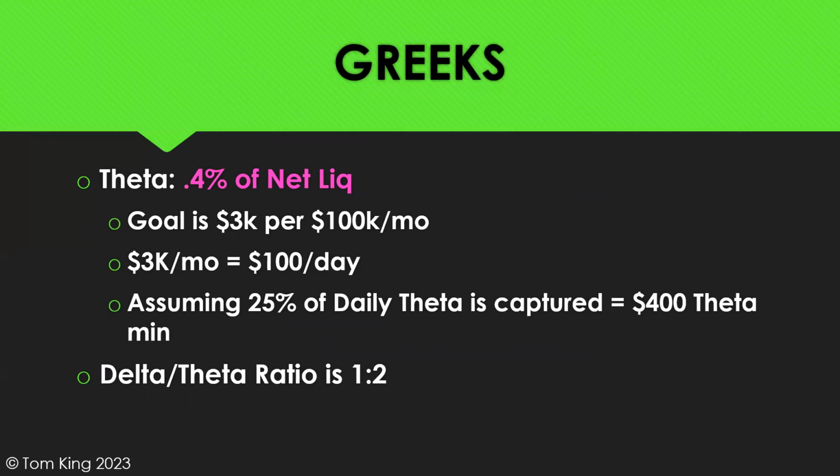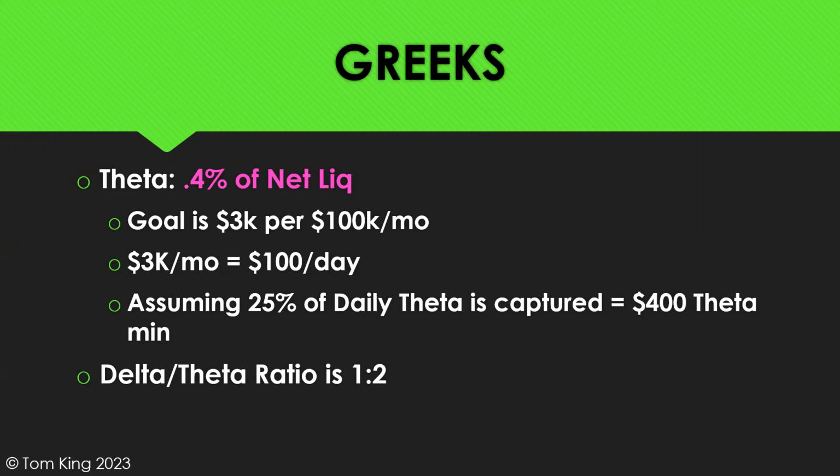Okay, that's my 3%. Now, to hit $3,000 a month, that would mean $100 a day is what I'm looking to get. So if I need to make $100 a day, we're going to assume, based upon some Tastytrade research that they've done, that you actually end up collecting around 25% of daily Theta as your actual capture rate.